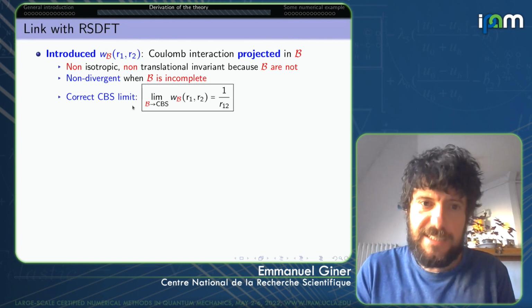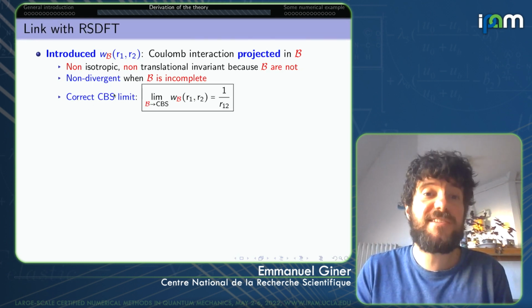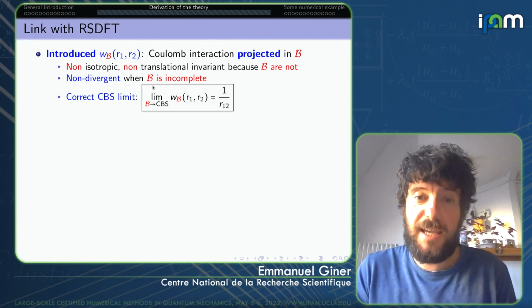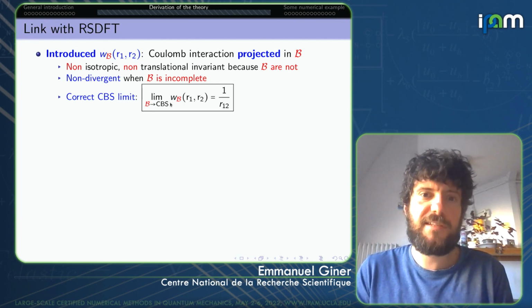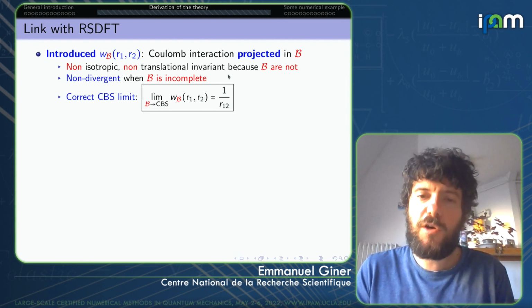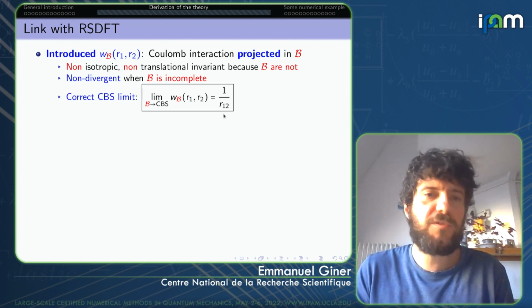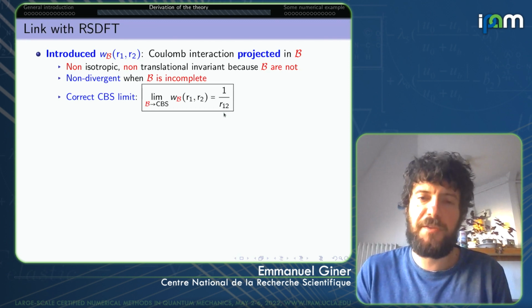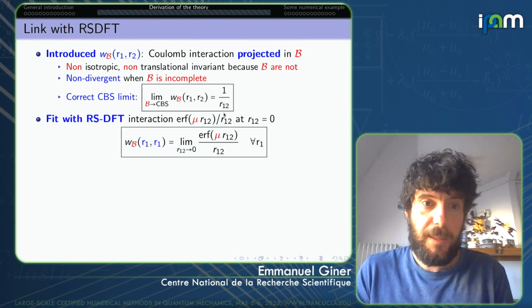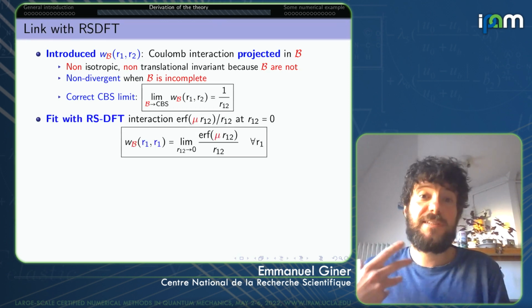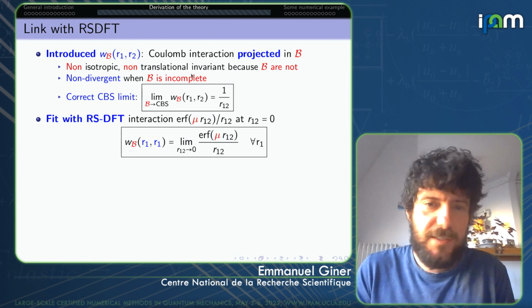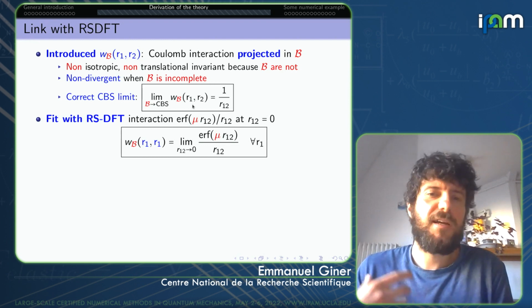And most importantly, it has the correct complete basis set limit, which means that you can demonstrate that in the limit of a complete basis set, this weird function goes to the usual 1 over R12 isotropic and translational invariant interaction.